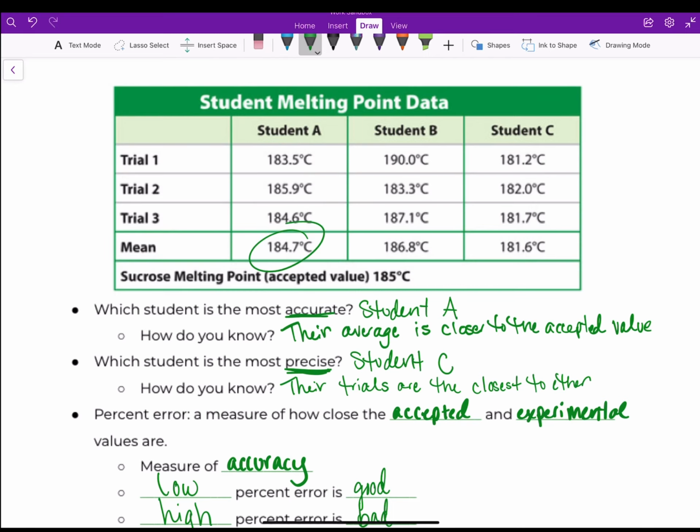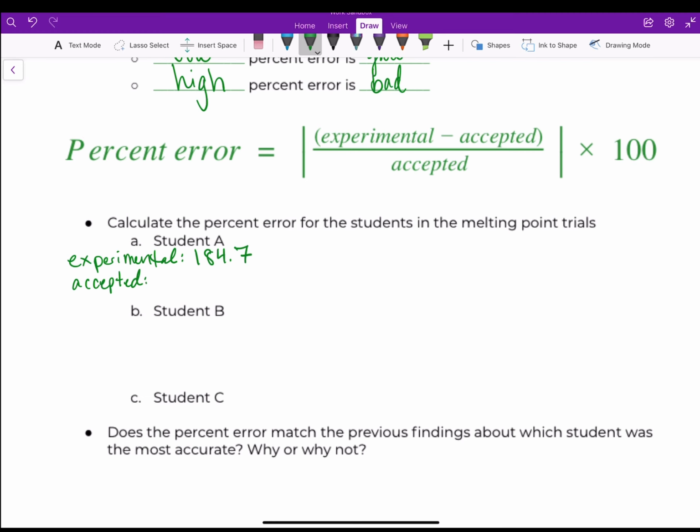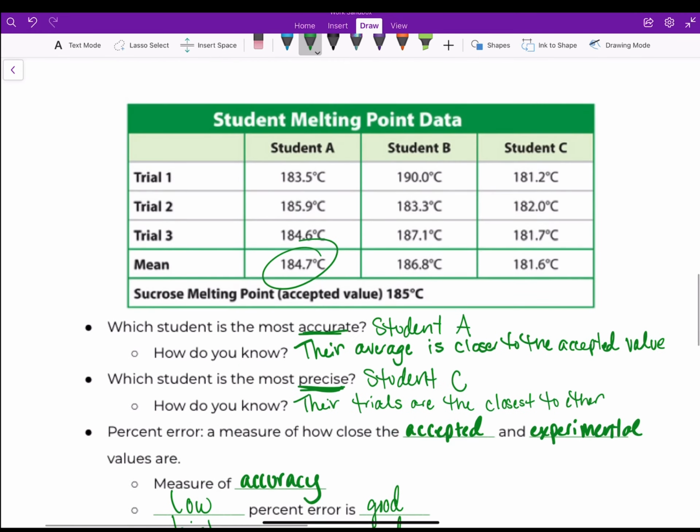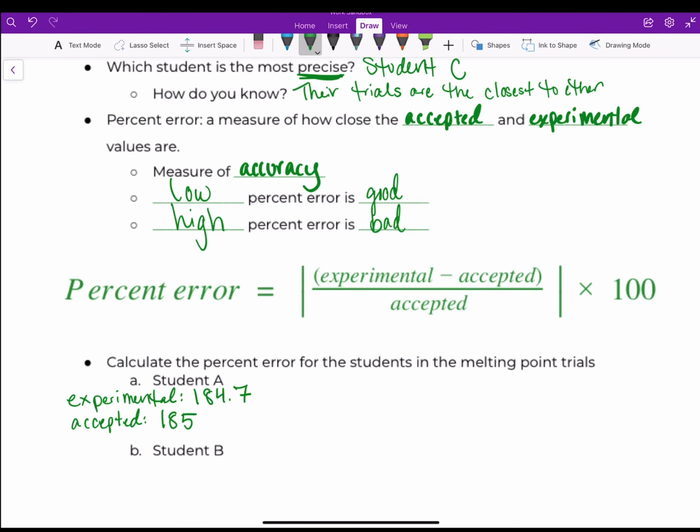Now we need to know the accepted value. The accepted value, it says on the chart, is 185. The next thing we're going to do is pop these numbers into the equation. So this experimental will go here, and accepted will go in 2 different places.